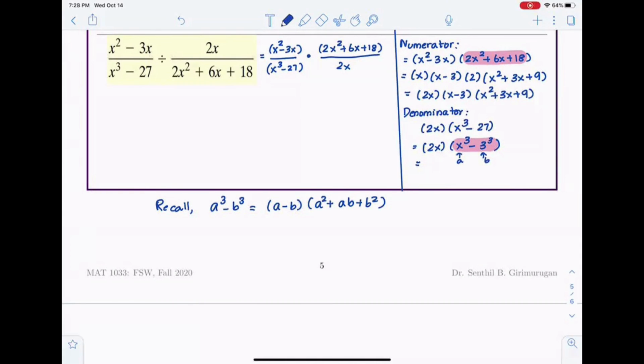So we will end up having 2x times a minus b, x minus 3, multiplied by x squared, which is a squared, ab, 3x, b squared, 3 squared, which is 9.